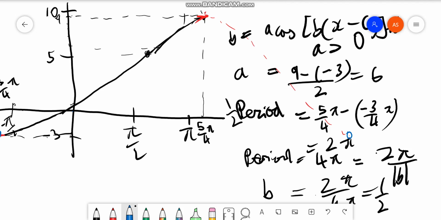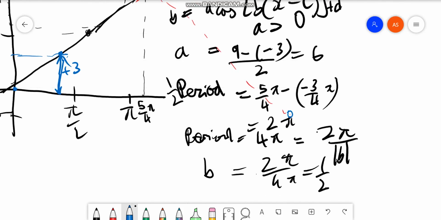The midpoint is 3. So usually this point would be at the origin, it would be at the x-axis, but it has moved 3 up, so it means that d is a positive 3.